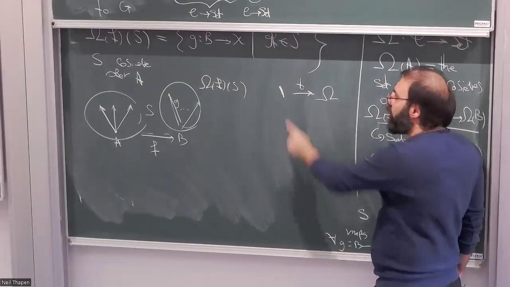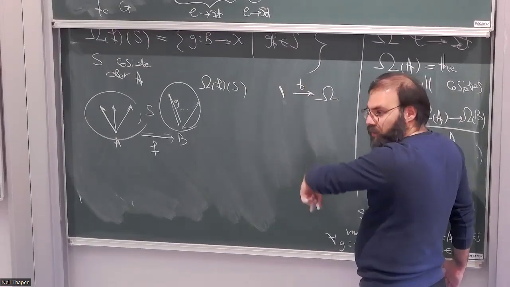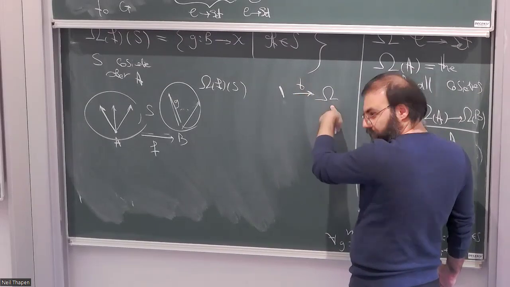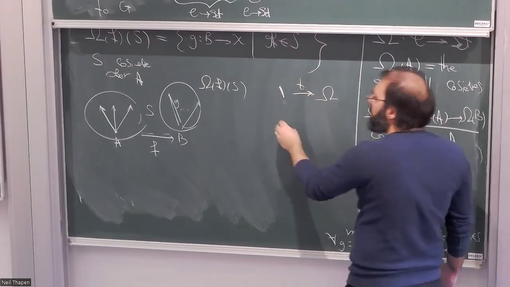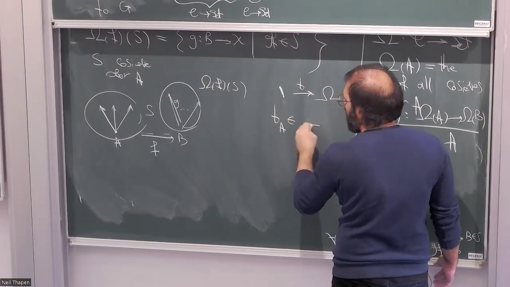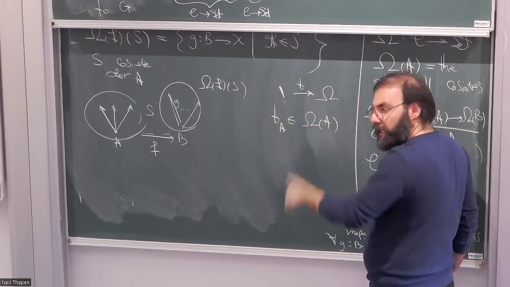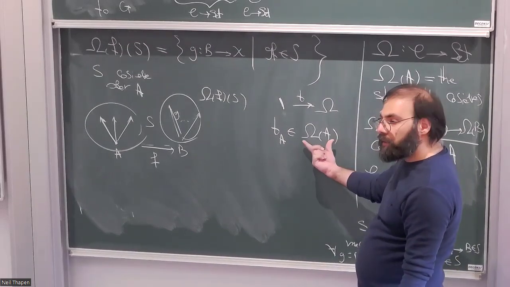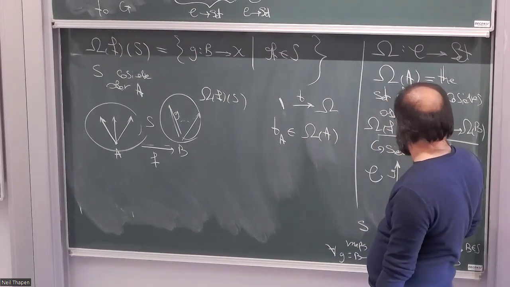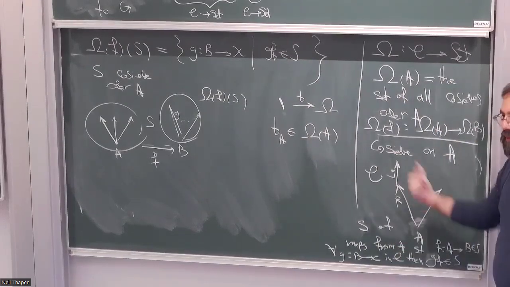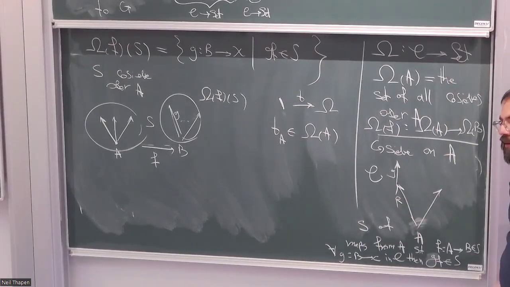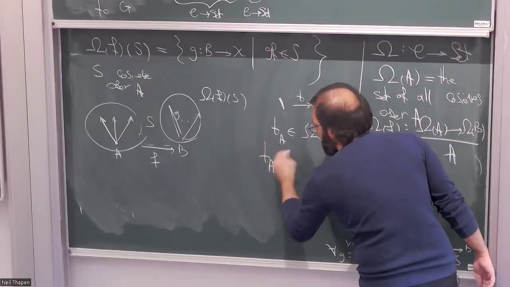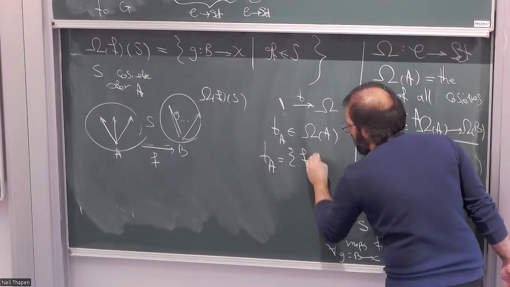So 1 in this category simply is just singleton everywhere. Therefore I have to pick T_A in omega A for any A such that it is natural in A. So what is the obvious element in omega A, all the co-sieves over A? Just the full co-sieve, everything over A. So T_A is just the set of all maps from A.